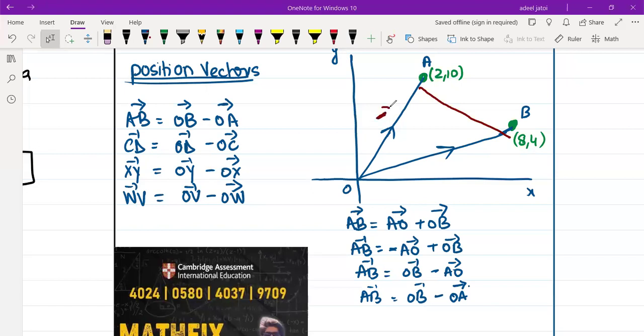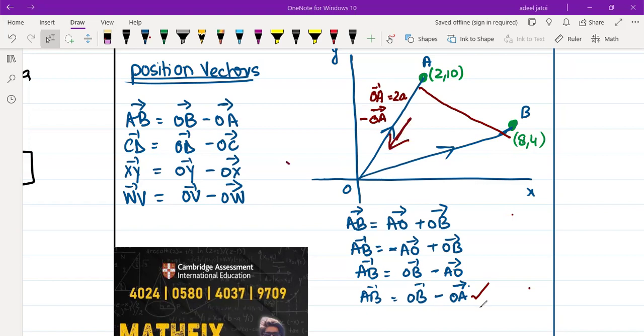AO gives me negative magnitude because I'm coming from the opposite direction. When I'm writing down OA, but I need to show it in the negative direction, I'll write negative OA. When I want to show the negative direction, this will be opposite.